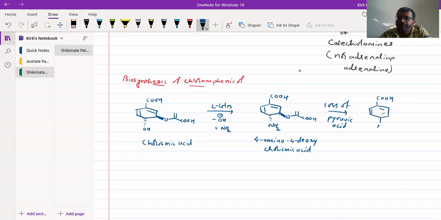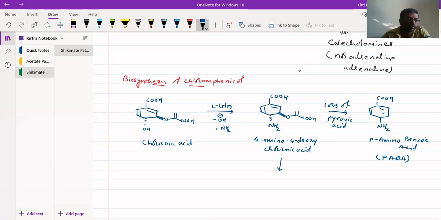So we will get this as para-amino benzoic acid, or in bracket we can have PABA. So we get PABA from this 4-amino deoxy chorismic acid.